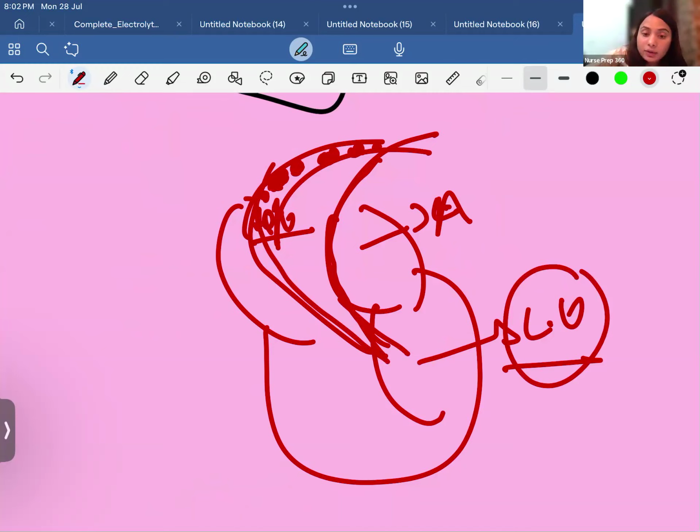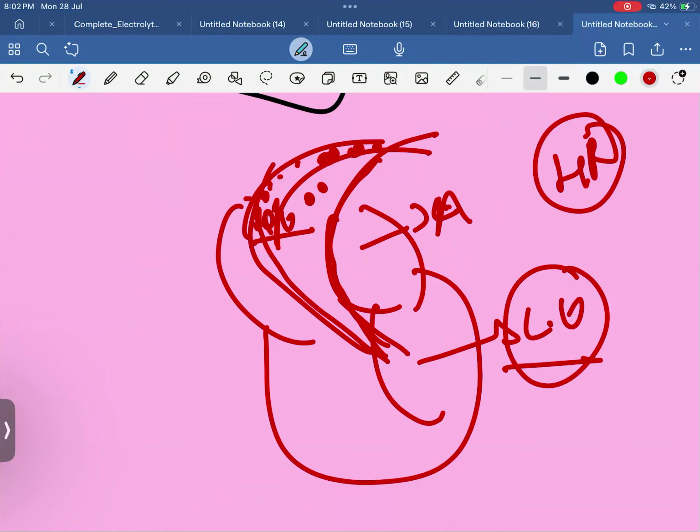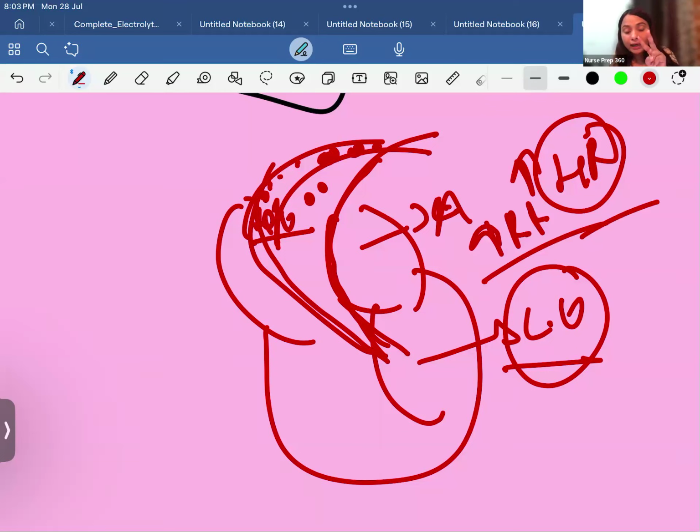The blood will have less oxygen, so the chemoreceptor will get triggered and they will increase your heart rate, because we want more oxygen, so we will pump more blood. There is an increase in your respiratory rate as well as your heart rate. These are also two signs.